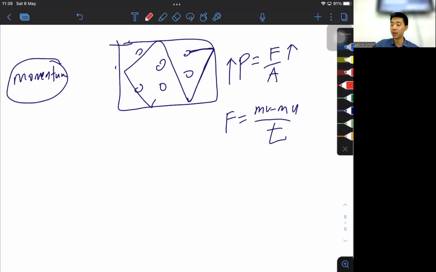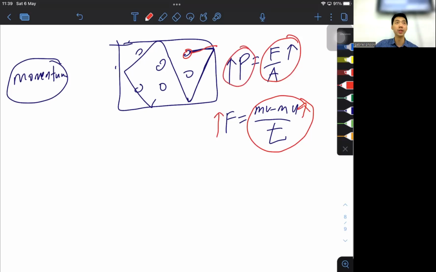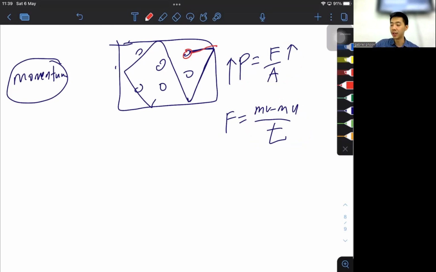You're supposed to say that as the air molecules collide against the walls of the container, this increased rate of change in momentum increases the force produced per unit area, ultimately increasing the pressure. I repeat, pay attention. You say that as the air molecules collide against the walls, right?